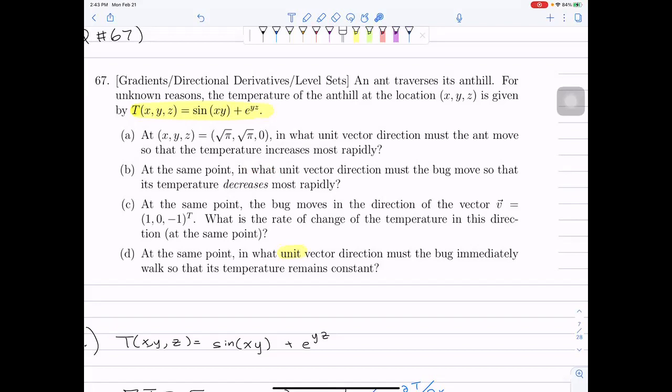You're finding something that you multiply by the gradient. So we're given some space, and we're given the gradient of f. We want to find which way to go so that f will increase most rapidly.